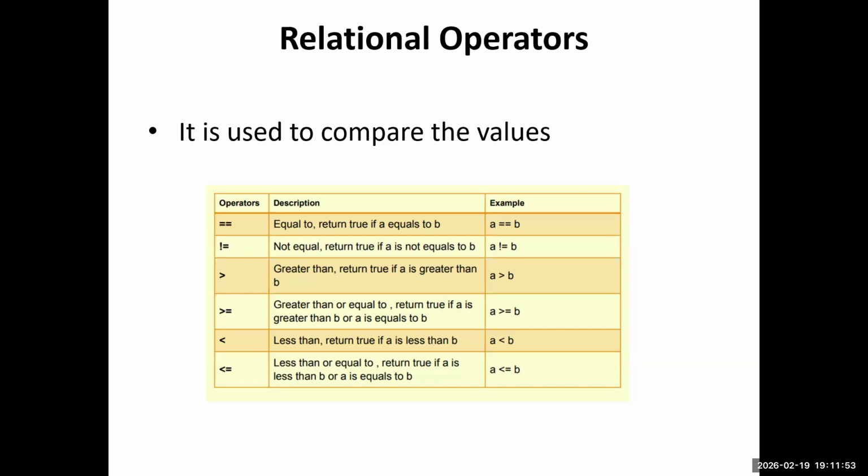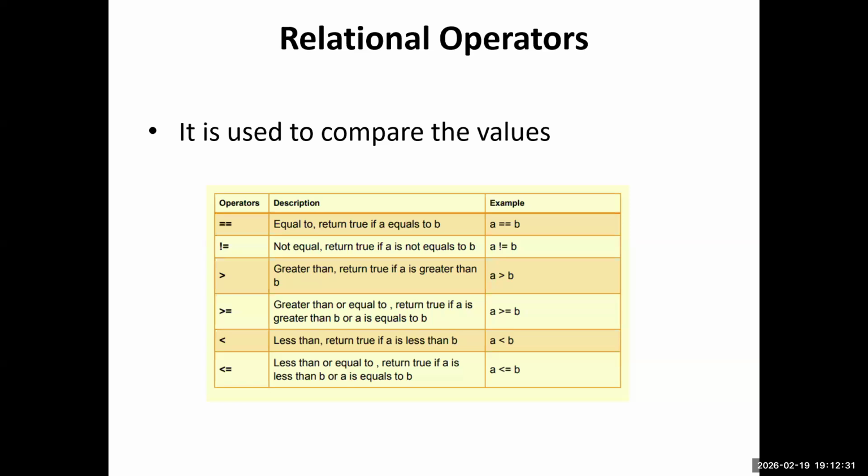So first you should know all those operators. The equal operator checks whether both values are equal or not. If it is equal, it will return true, otherwise false. A not equal to B means if it is not equal, it returns true, otherwise it returns false. If A is greater than B, it checks whether A is greater; if true, fine, otherwise A is not greater.